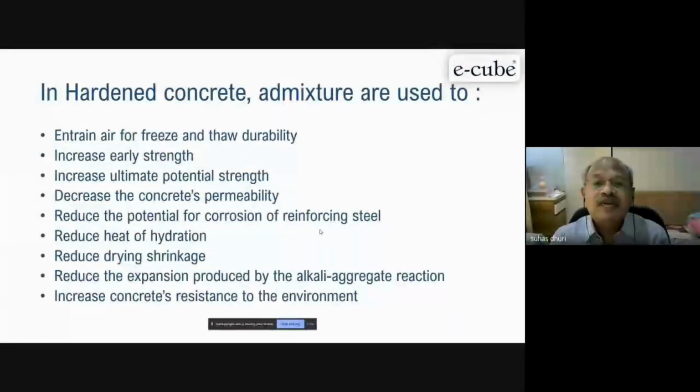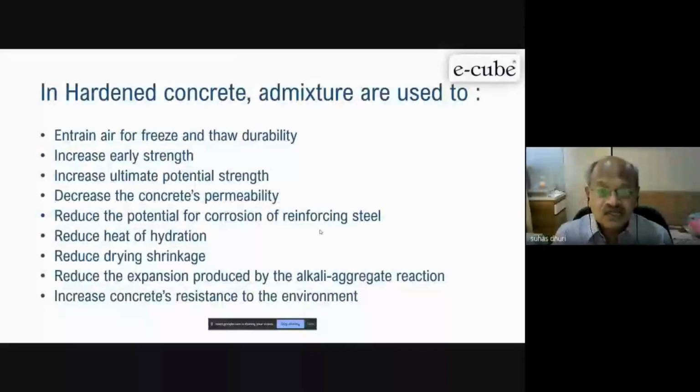So the freeze-thaw effect is minimized. So this is only a concept you can just remember, because in our country only in the Himalayas you get this condition. Otherwise, in all other sections of the country we don't go with freeze and thaw durability.